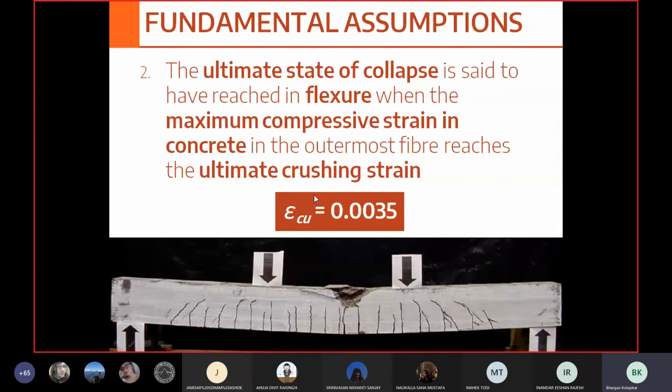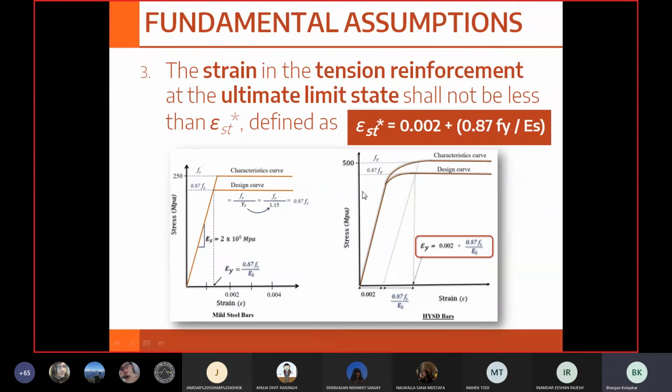Now there's a difference between these two assumptions. Assumption number two says that the member fails in flexure when this value is reached. The third assumption says that when failure is reached, we have to make sure that the strain in steel is greater than this value. So at failure, we are defining an upper limit for concrete and a lower limit for steel.